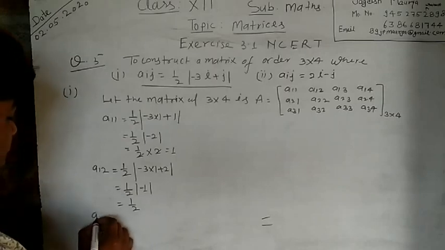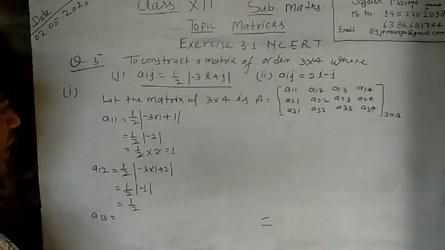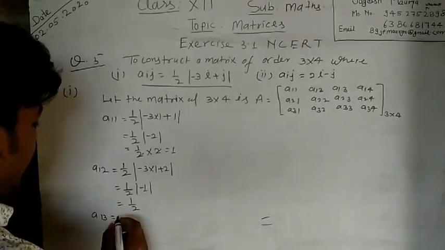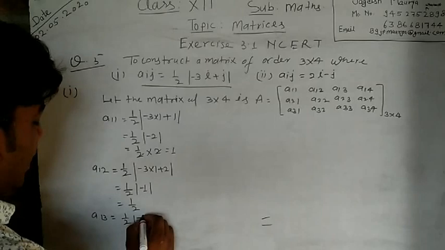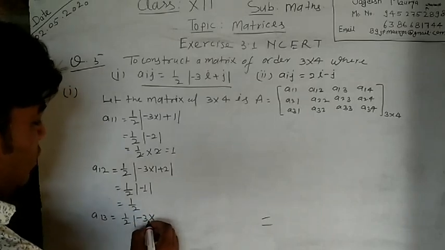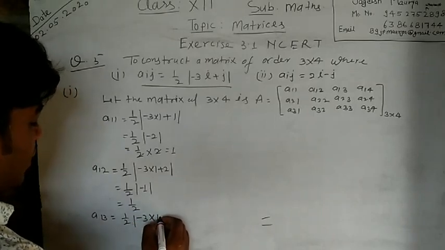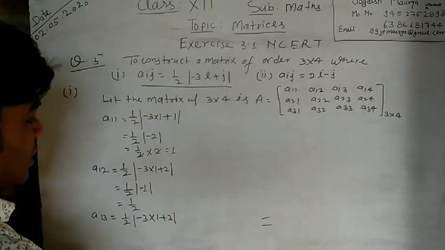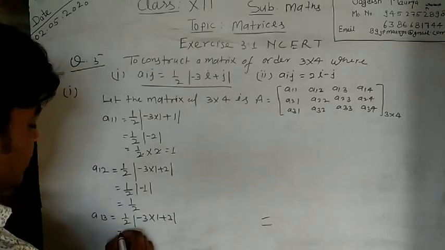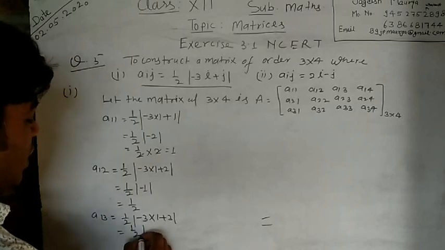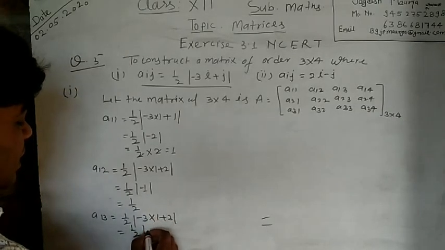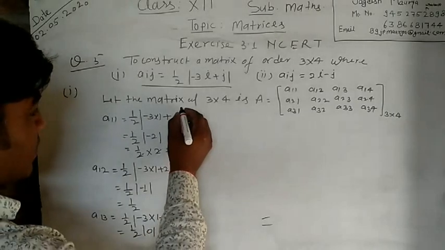Here A13: 1 by 2 mod of minus 3 into 1 plus 3. This will come 1 by 2 mod of minus 3 plus 3, 0, equals 0.